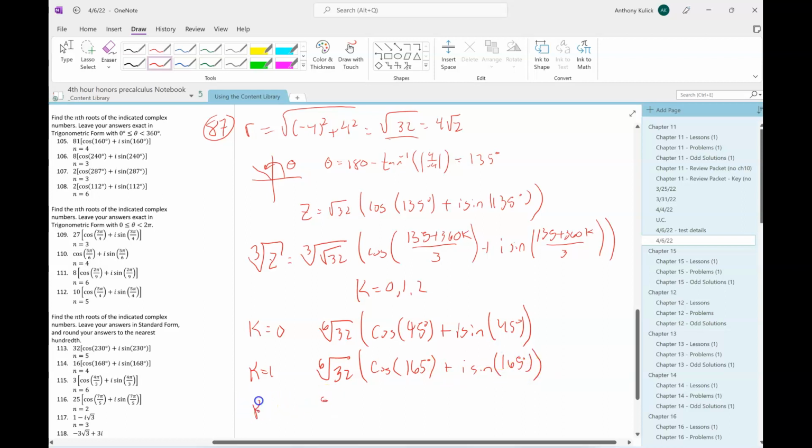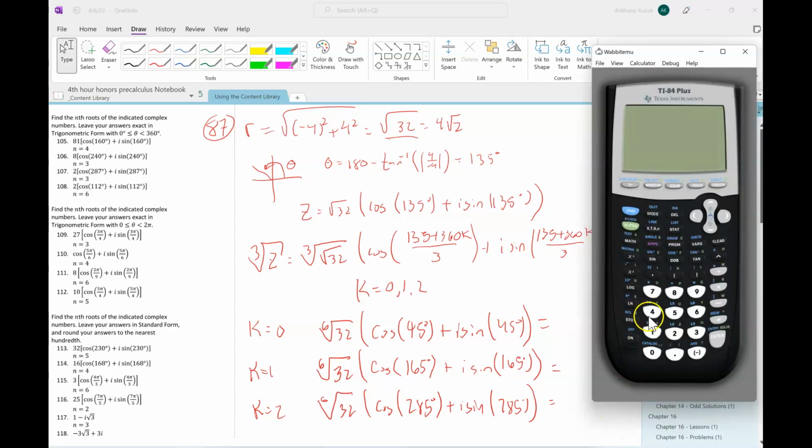And then my last one is going to be 6th root cosine of 285, I think. Yeah, I thought so. And then we're just going to convert these all out to standard form values.